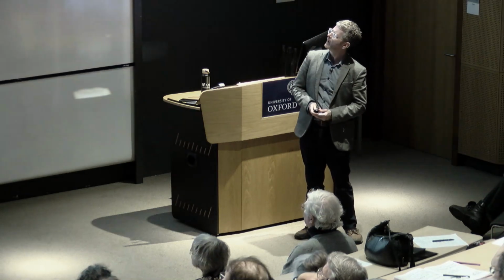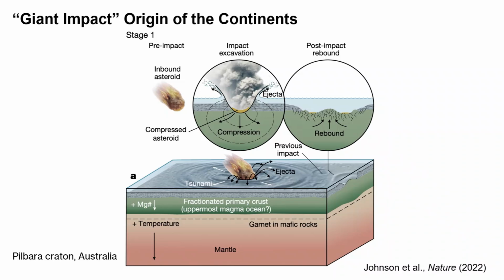And then there's been other suggestions quite recently. This is a paper by Johnson and people like Mike Brown, and they speculate. This is, by the way, from the ancient Pilbara Craton, which is a very stable bit of the Earth's crust in Australia. And they're talking around 3.5 billion years ago here, and they've suggested that you have a large impact which causes evacuation.